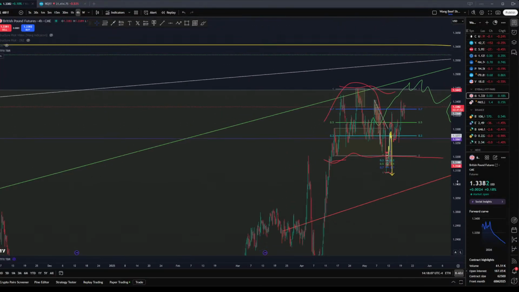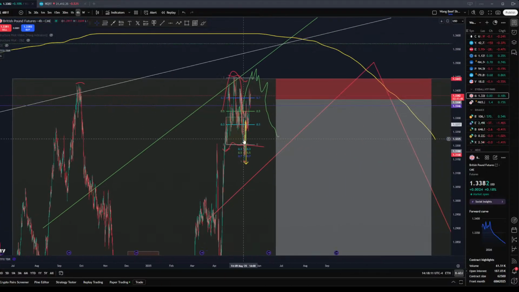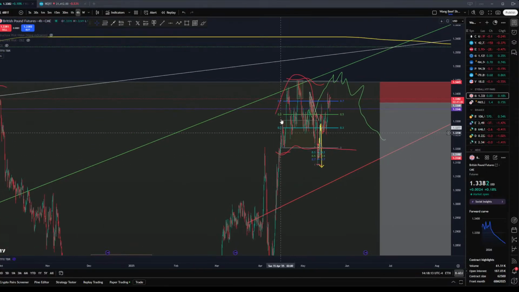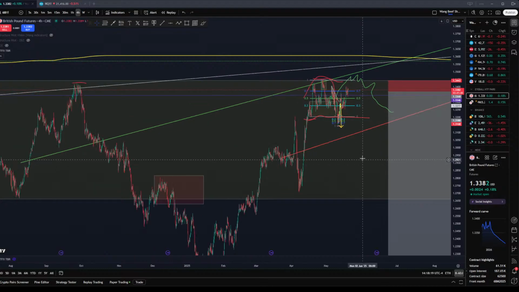So what does this look like? This looks like we took that high and price just started ranging, and in the range highs and lows are being taken. And price might just resume what it was doing before, which is going up.